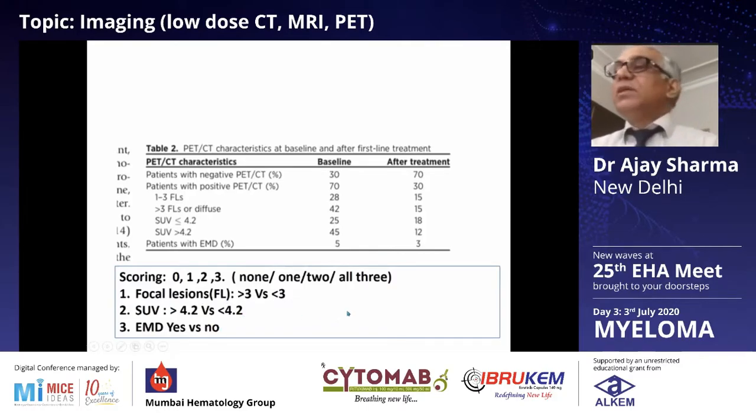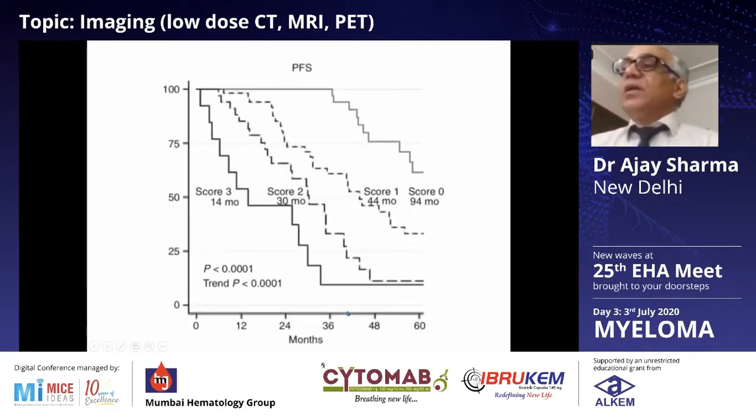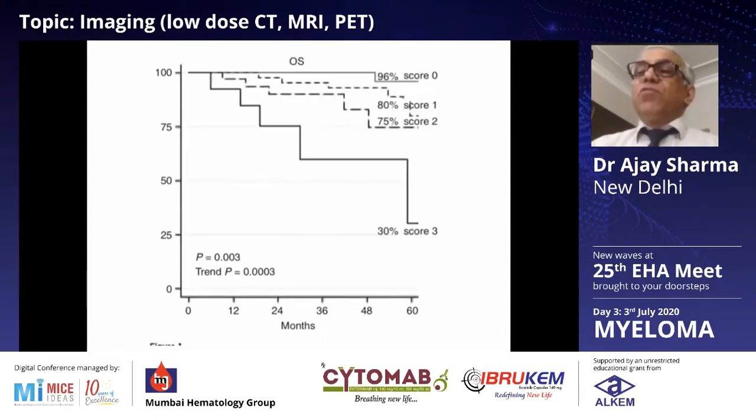And based on that, if all three were present, it was a score of 3. If 2 were present, score of 2, and 1, score of 1. And they showed that for score 0, 1, 2, 3, the survival curves were much, much better if the score was on the lower side. So by these parameters, all the survival curves are far superior if the PET shows much more marked negativity.